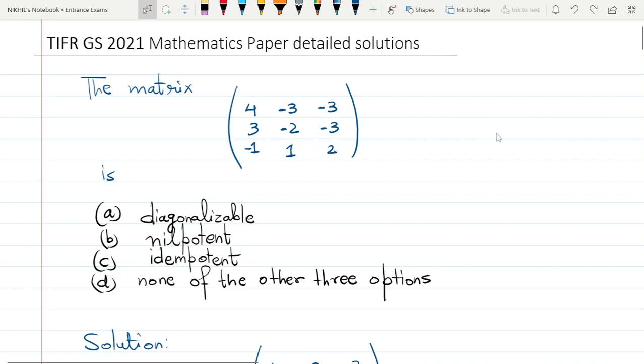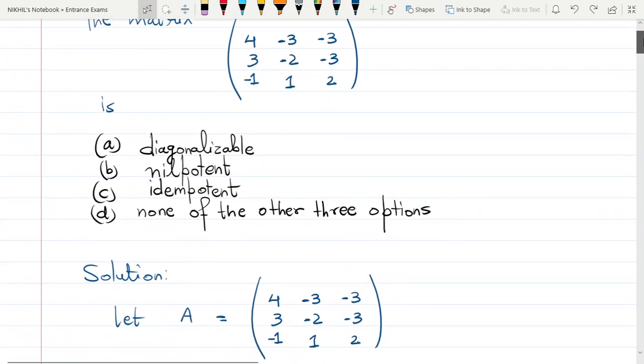In order to answer any of the three options, we should know the eigenvalues of this matrix. And to know the eigenvalues of the matrix, we are going to calculate its characteristic polynomial.